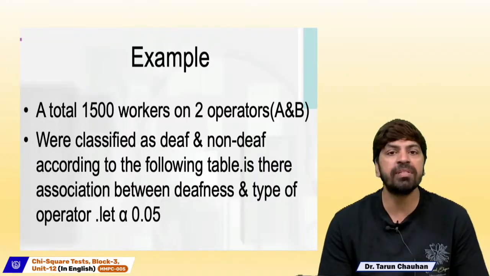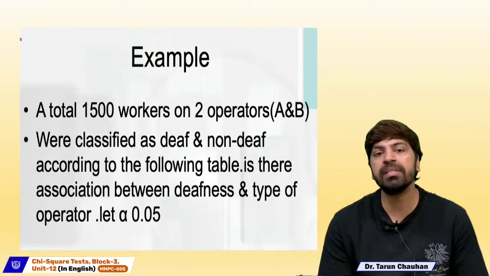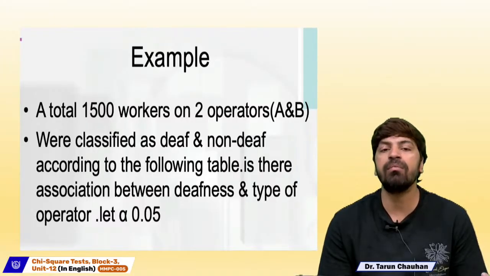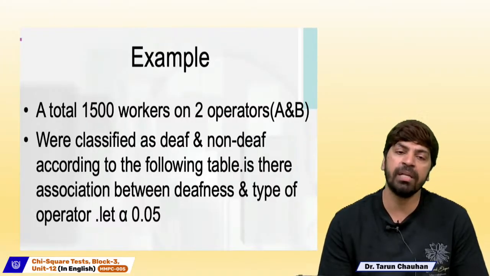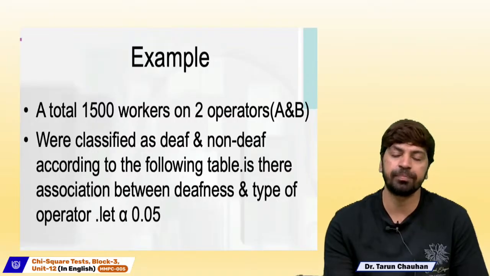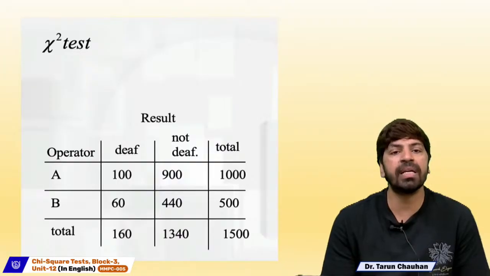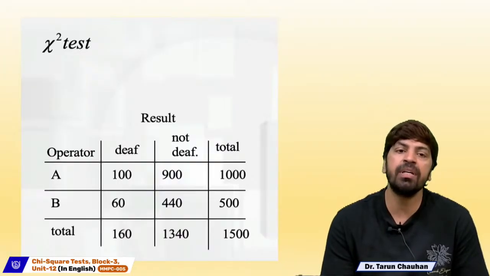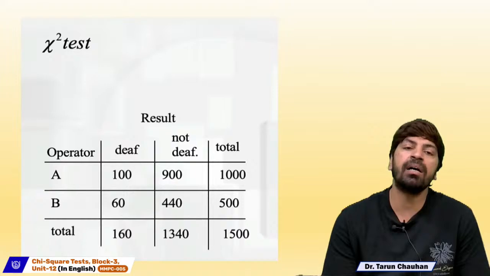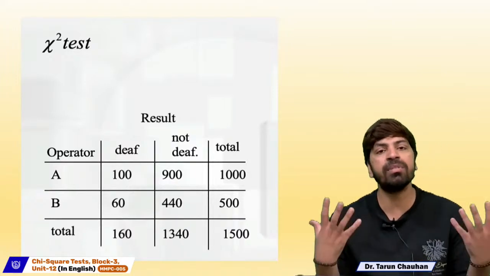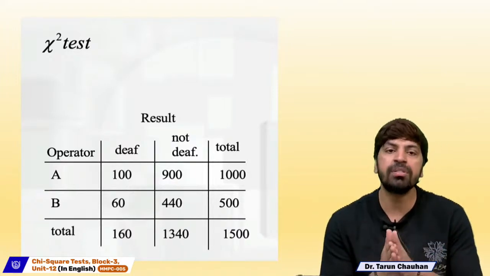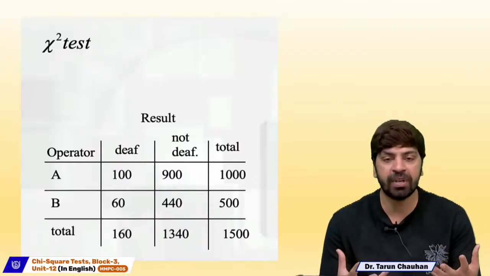The level of significance is 0.05. So this is a table with operators A and B and deaf frequencies, because the values are already given in the question. So those could be the observed frequencies.